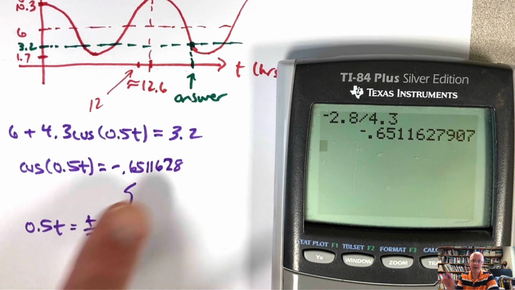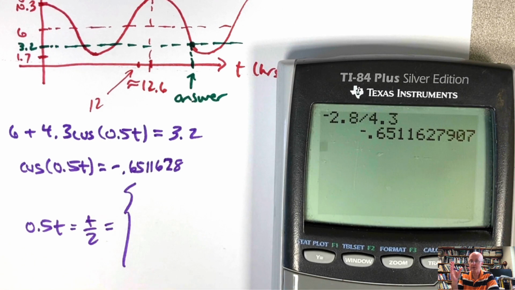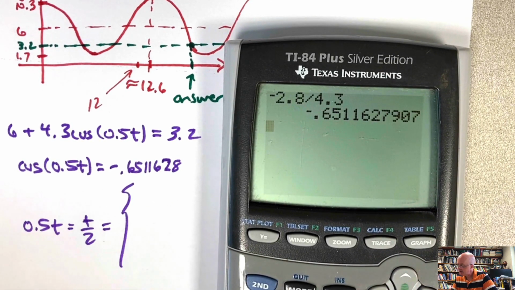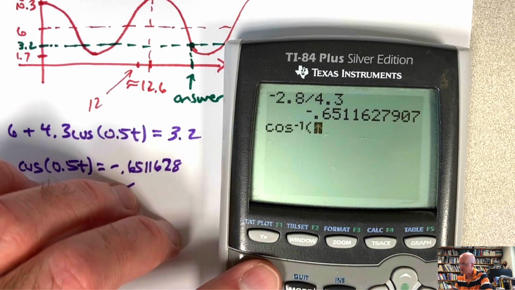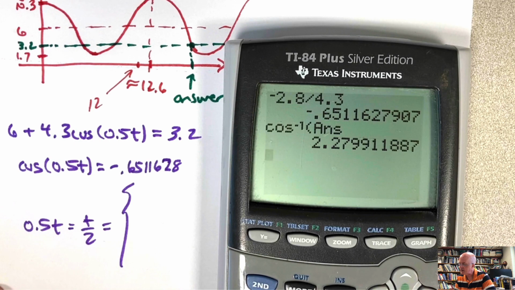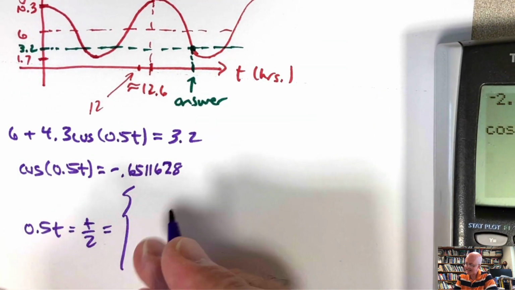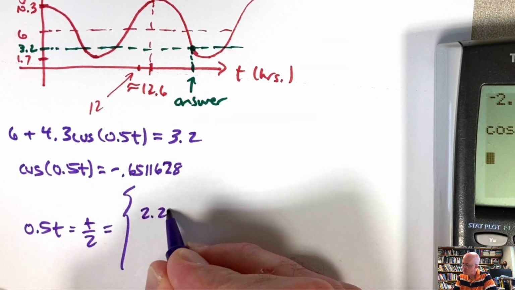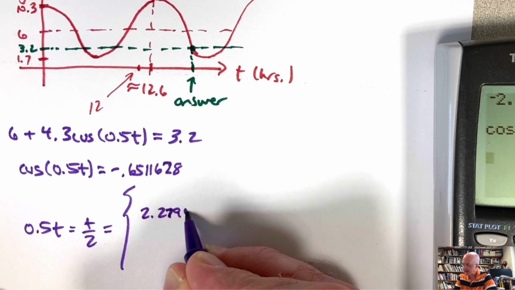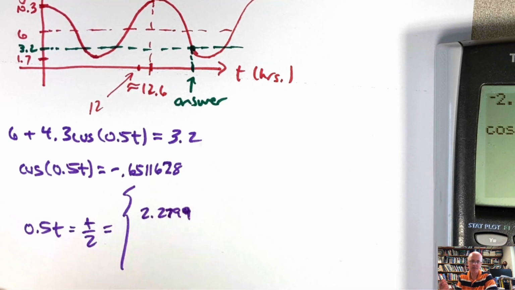It's negative there, so it's actually going to be in the second quadrant between pi over 2 and pi radians. Inverse cosine of this answer is approximately 2.2799. That is a number between pi over 2, which is about 1.57, and pi, which is about 3.14.